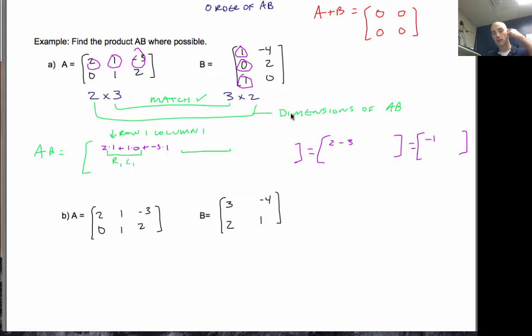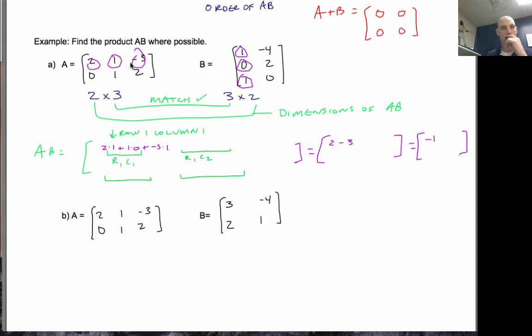Next spot. Because this is a 2 by 2, the answer is going to be a 2 by 2, so I'm really going to have 4 parts that I'm finding. This element is row 1, column 2, because it's first row, second column.